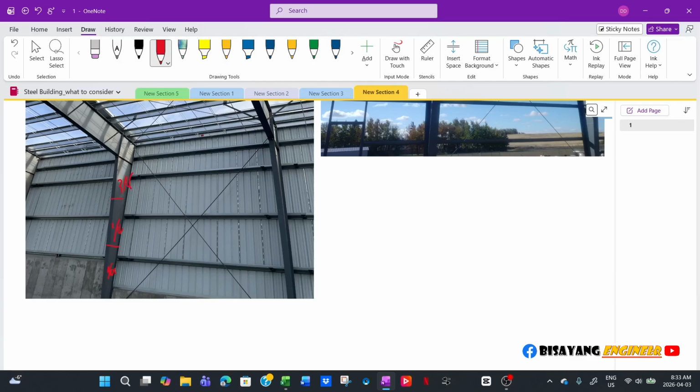It will automatically calculate and assign sections, which basically gives you the most efficient section.